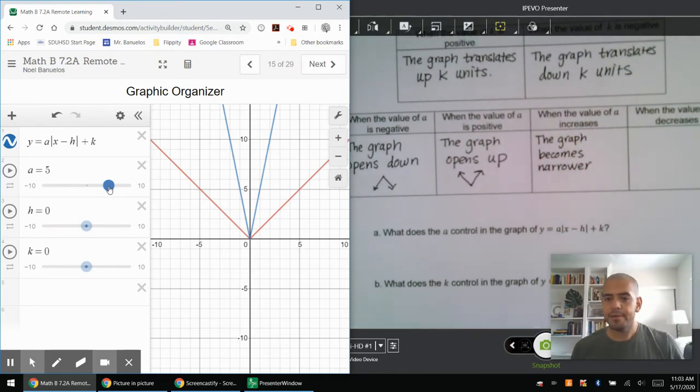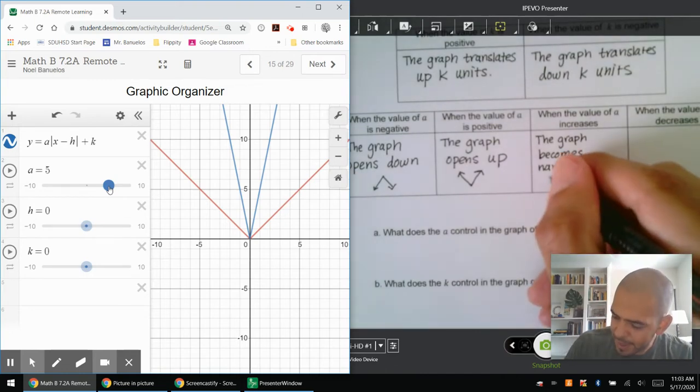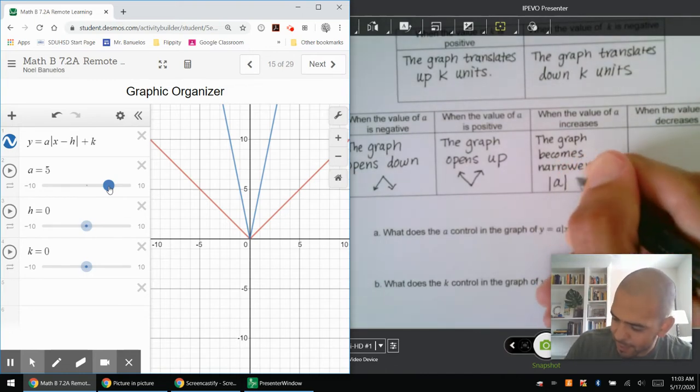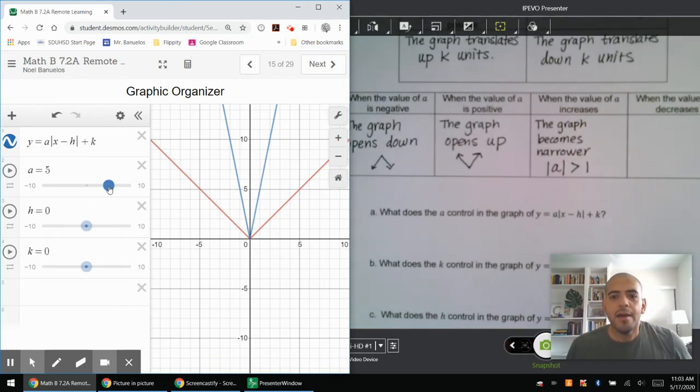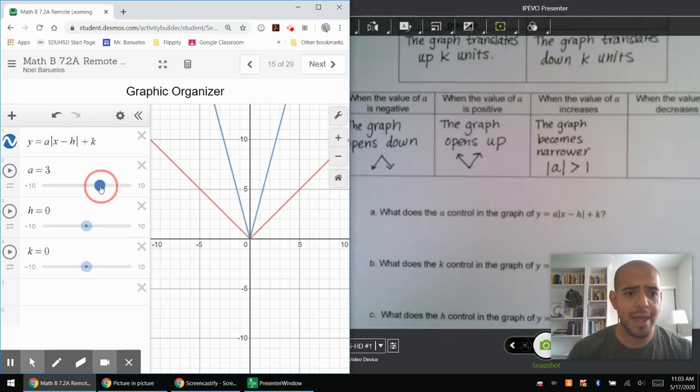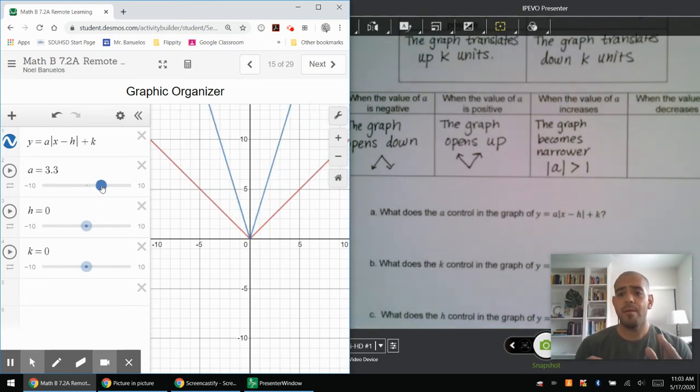Okay, so we have to be careful here, and this might confuse some of you. When the absolute value of a is greater than 1, it's getting narrow. Now, my V is getting narrow, but we also have to take into account when it's facing down.